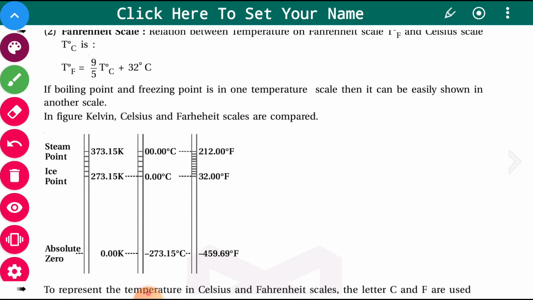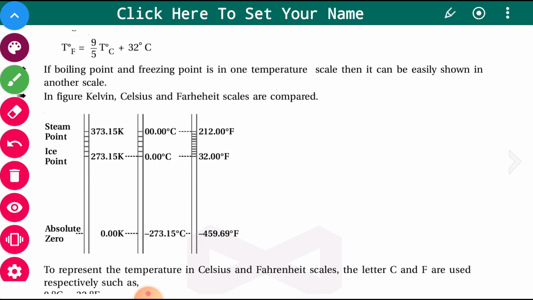Now if you consider the different scales, there are 3 different scales: Fahrenheit, Celsius and Kelvin. 0 is the ice point, and the steam point of water is 100 degrees Celsius.